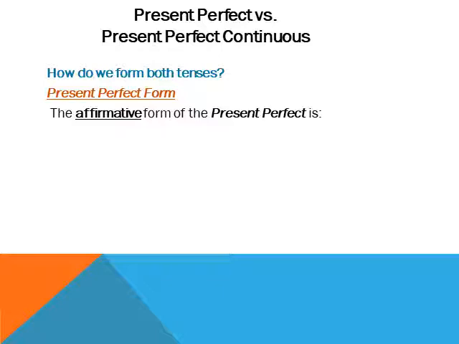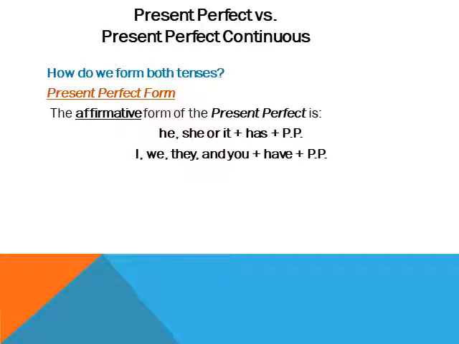The affirmative form of the present perfect is has plus the PP, the third form of the verb. And we use has plus the PP with he, she, or it. Or we use have plus the PP with I, we, you, and they. This is the affirmative form of the present perfect.